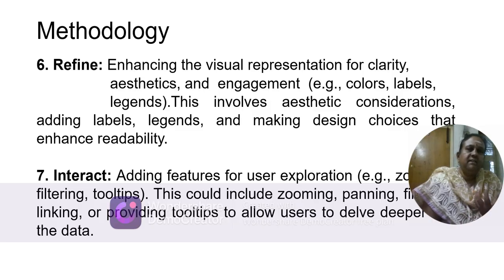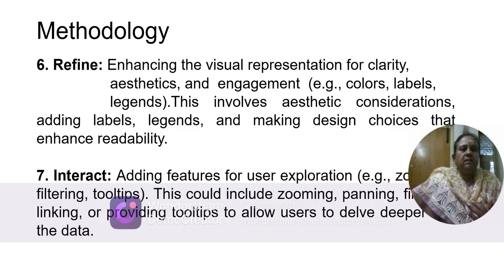By choosing the right color and giving proper labels in the way that is going to be represented. This involves aesthetic consideration, adding labels, legends, and making design choices that enhance the readability. So the sixth stage is refine.